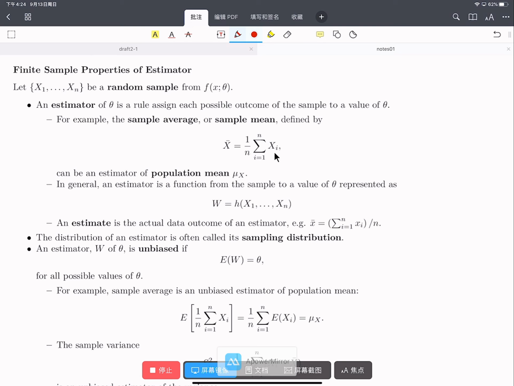Here, x1 is the wage of worker 1, and x2 is the wage of worker 2, up to xn, the wage of worker 100. And the x bar, the sample average, is simply equal to 1 over 100 times (x1 plus x2 plus ... plus x100).